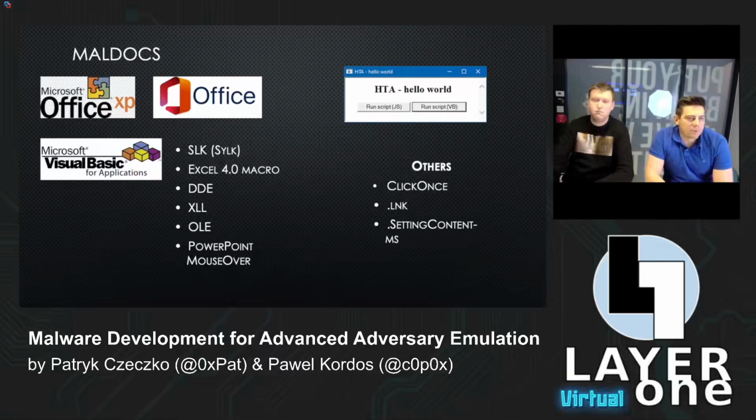So the most popular stuff is still, since 20 years ago I think or more, Office and Visual Basic for Applications, so VBA macros, but there are also a lot of other techniques to execute some malicious stuff from Office documents, like old XLM macros, dynamic data exchange, symbolic links, those are called SYLK files.